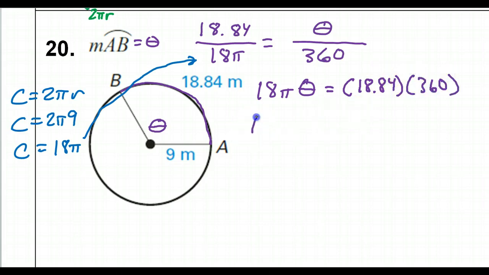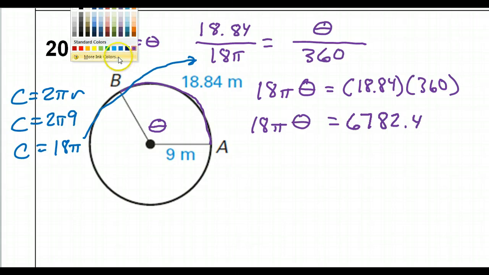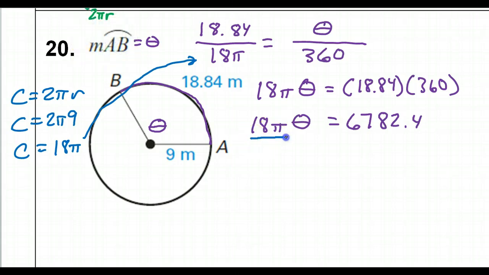Let me go ahead and write it down. So that'll be 18 pi theta equals, I'm just going to put this in the calculator. I'm getting 6,782.4. Alright, but now I need to divide both sides by 18 pi.